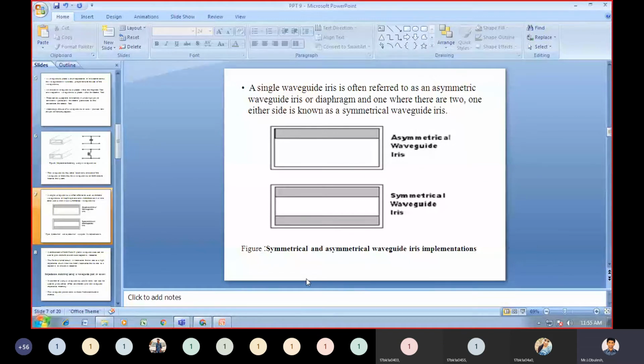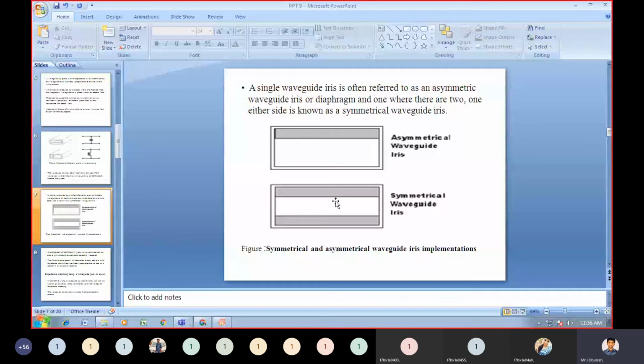Here you keep the waveguide iris on only one side. Think of the mathematical sense: symmetrical means we have both signs, asymmetrical means we have only one sign, either positive or negative. So in the figure we have symmetrical and asymmetrical.